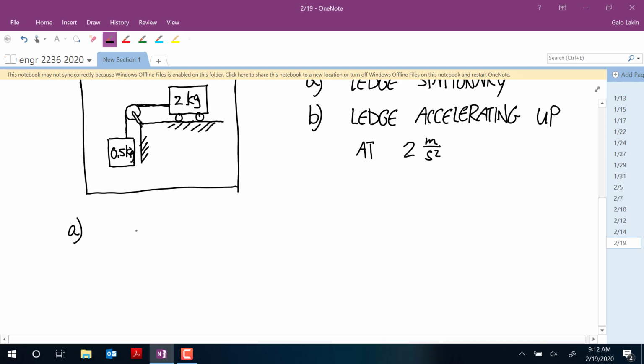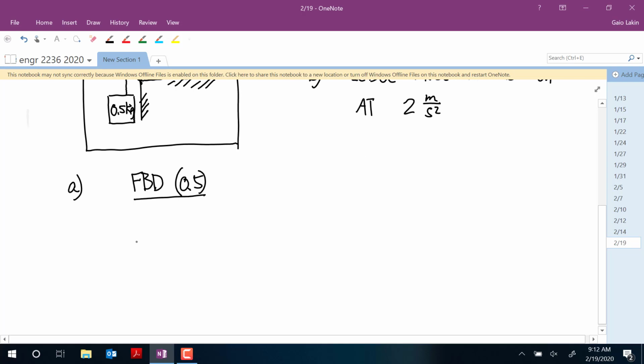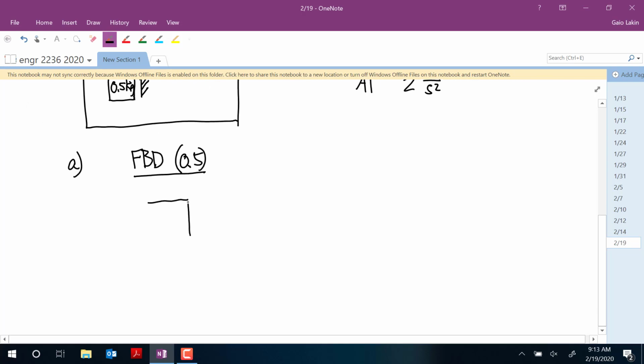So free body diagram of the 0.5 kilogram mass. The way to approach this always is deal with the field force, the weight force. So that's 0.5 times 9.81, 4.905 newtons down.